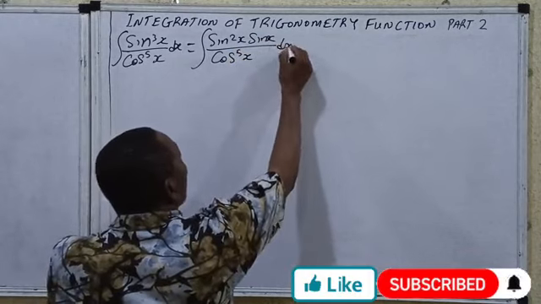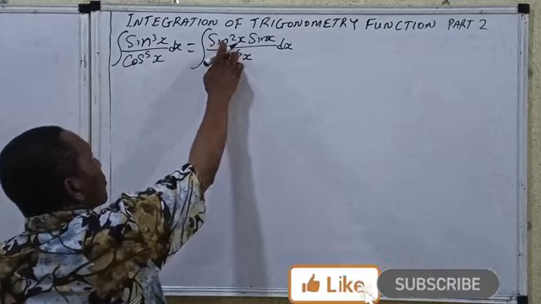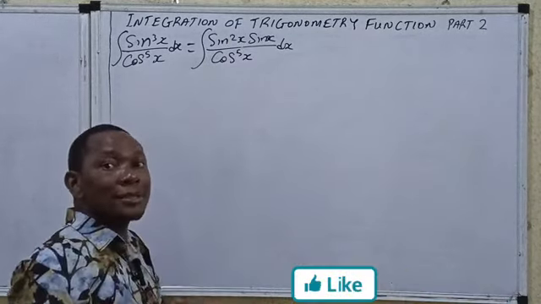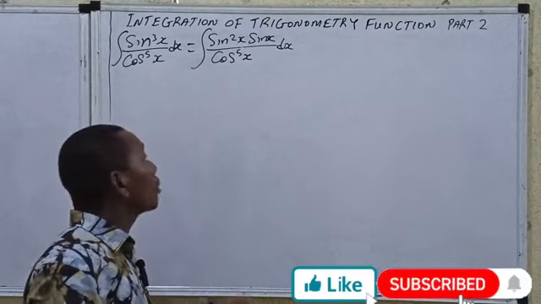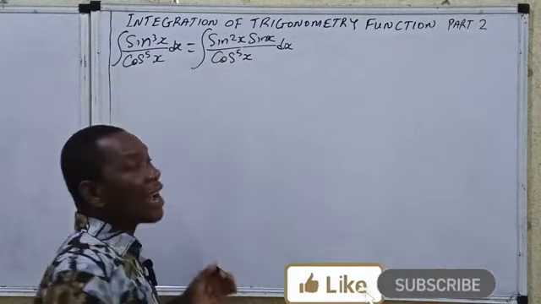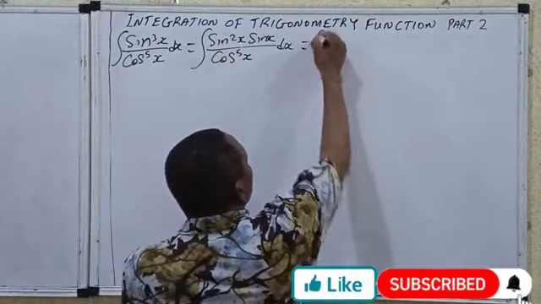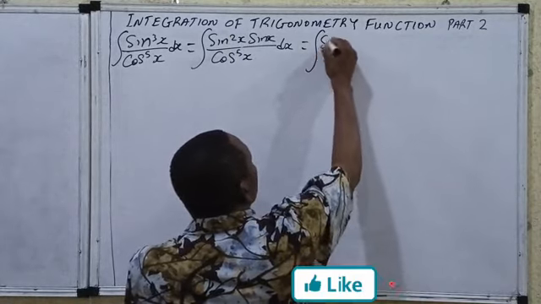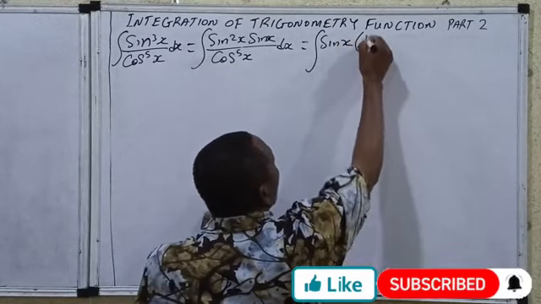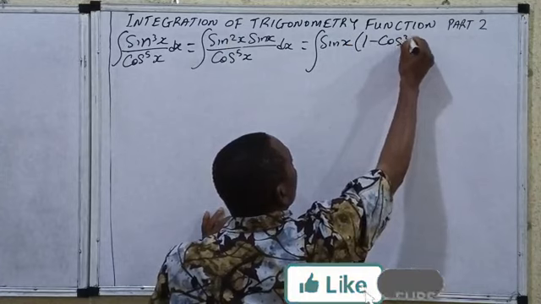Now, remember, sine square x plus cos square x is equal to 1. It's a very common trigonometric identity. So if you make this the subject of formula, sine square x is equal to 1 minus cos square x.